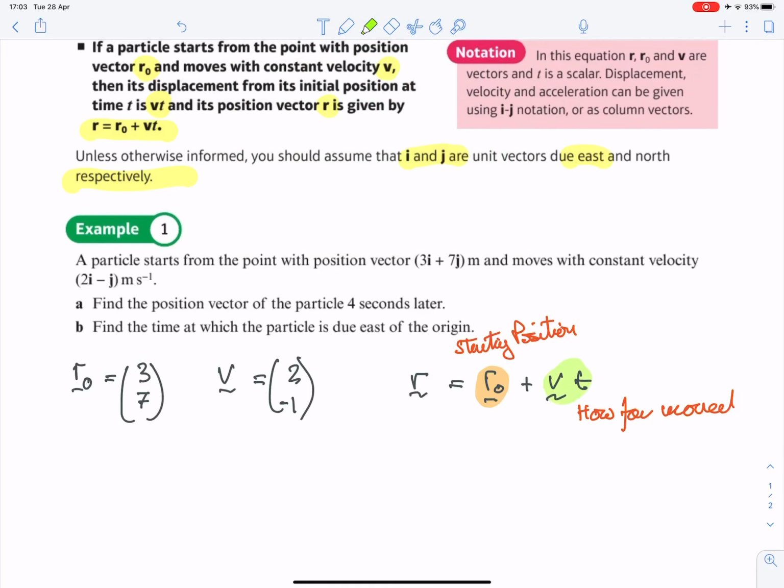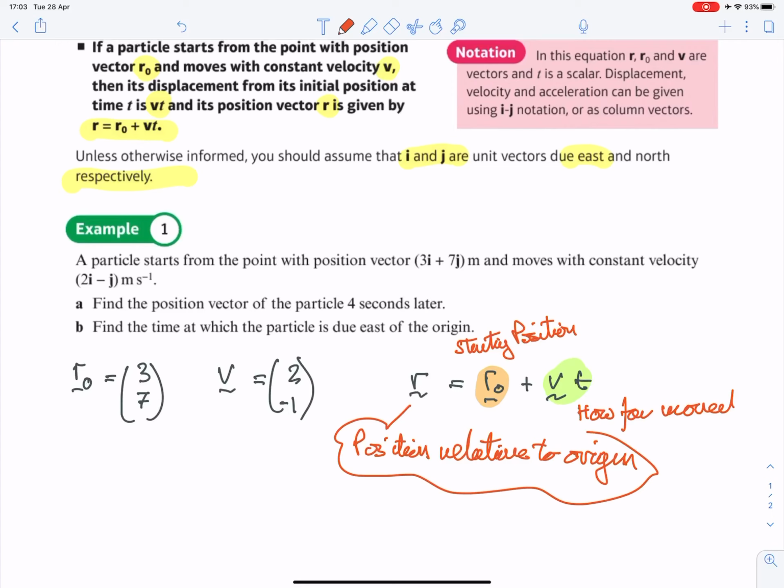If you add those two together, you get the position relative to the origin, which is not necessarily its starting position. So we've got how far it's moved, vt, and the starting position is r0.